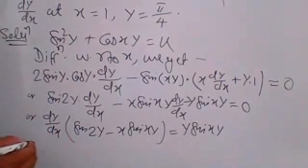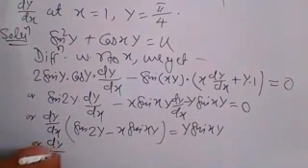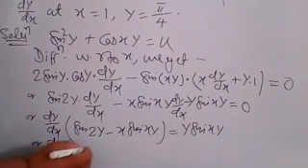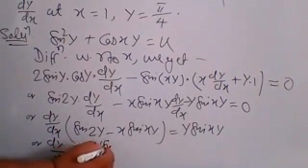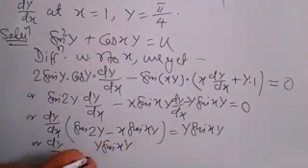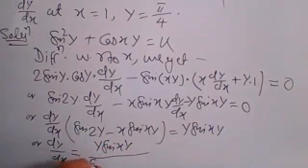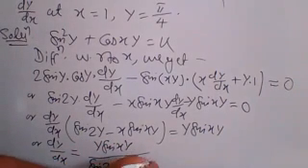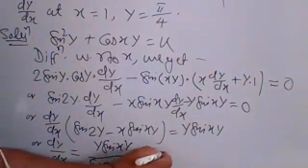Now the value of dy by dx is equal to y sine xy divided by sine 2y minus x sine xy.